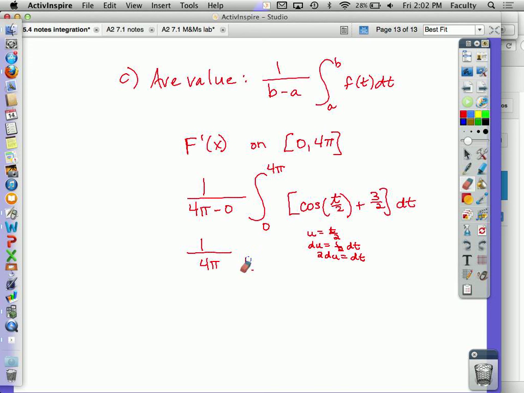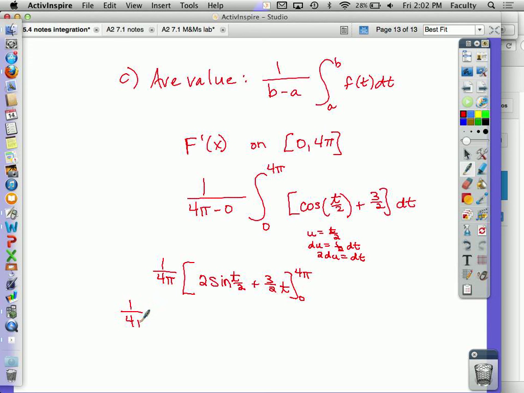So let me move this down a little bit for you. So this is going to give me 1 over 4 pi, and now I'm going to integrate it. This is going to be the sine of u, but the u is t over 2, and you'd multiply by 2, plus 3 halves t, and I'm evaluating from 0 to 4 pi.